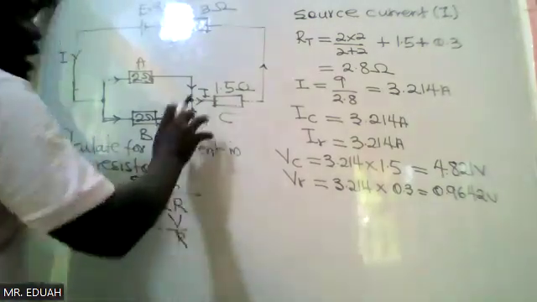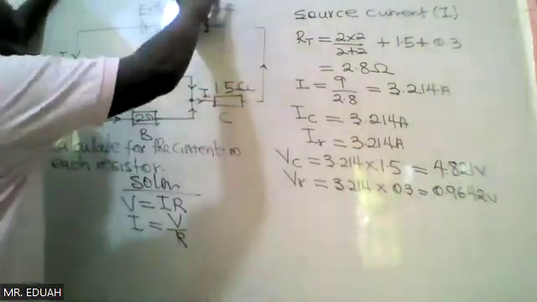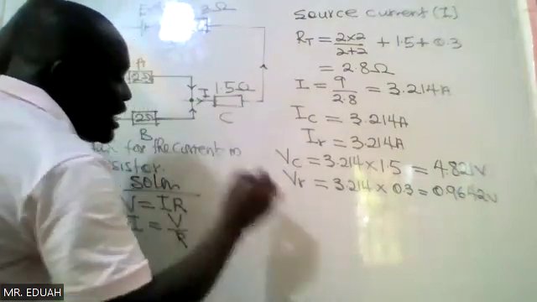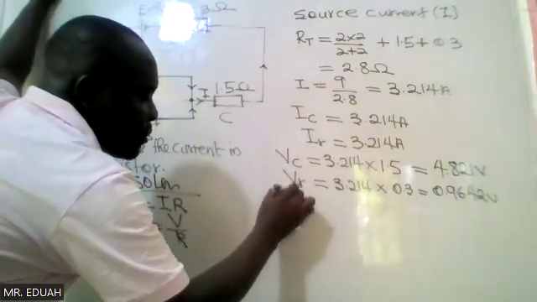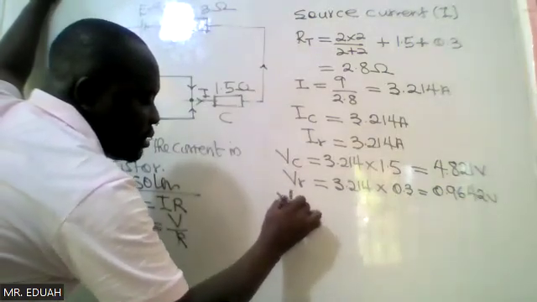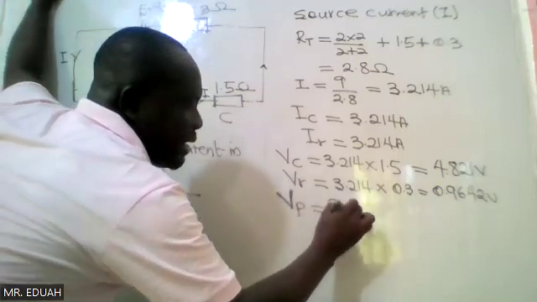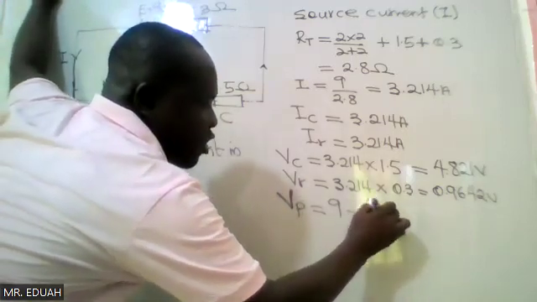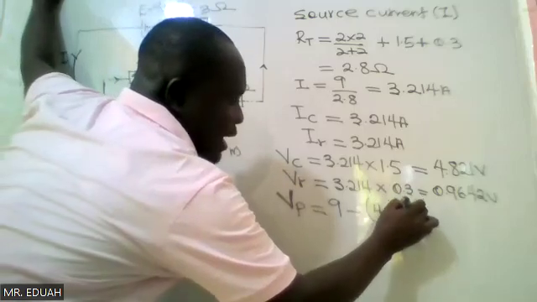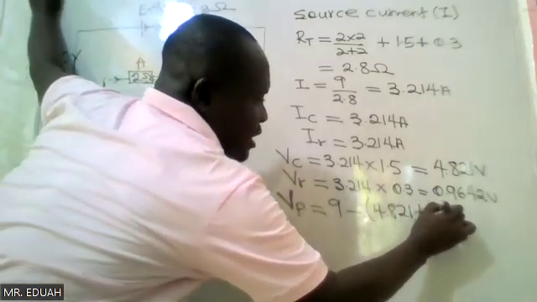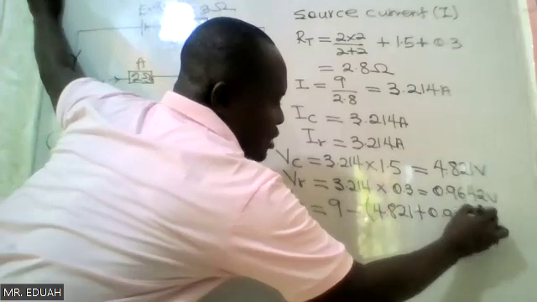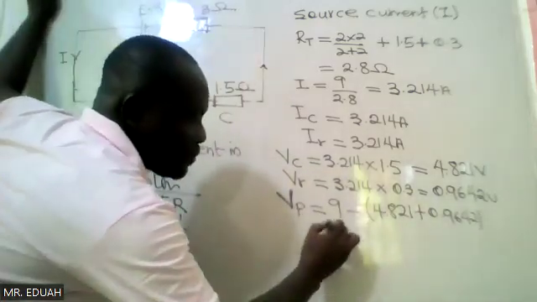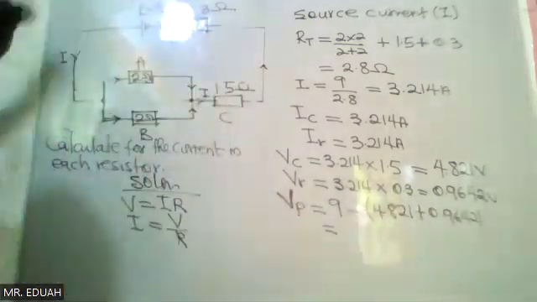So when we total the voltage drops across this and this, we can find the voltage drop across the parallel arrangement to be 9 minus 4.821 plus 0.9642. Just sum and subtract it for me.